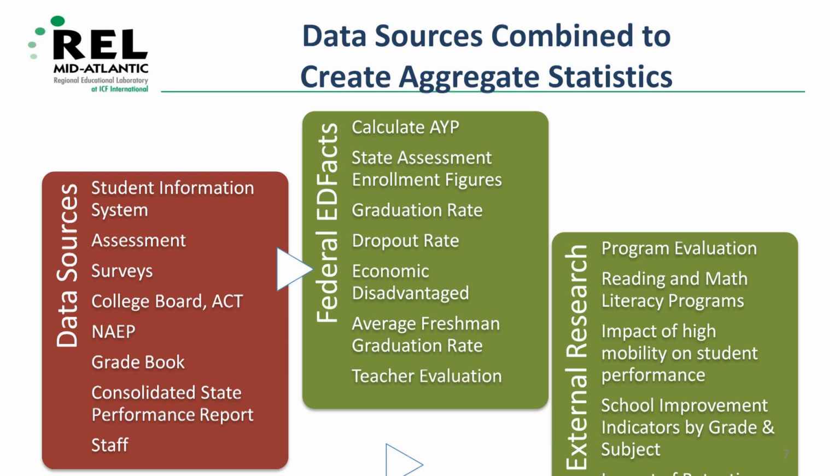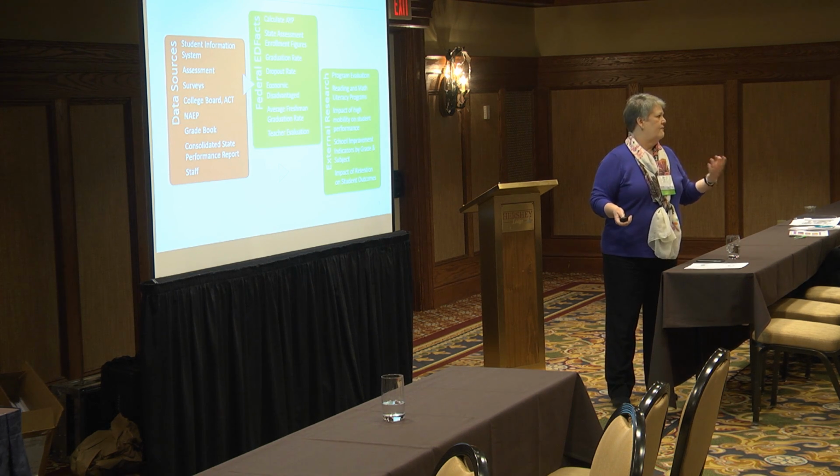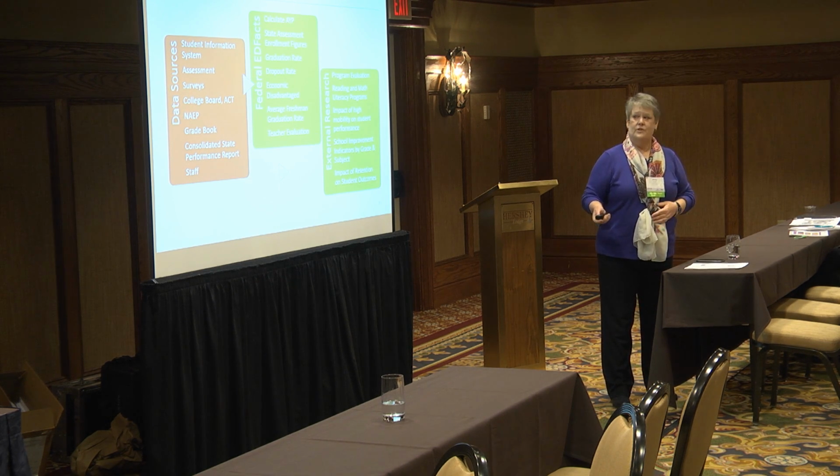Again, data sources: the SIS, assessment. I know states actually submit surveys to districts because they have federal grants or they have grants from foundations. Anybody who gives you money is going to want some data, some evaluation of it. So you do surveys of a subset of districts.